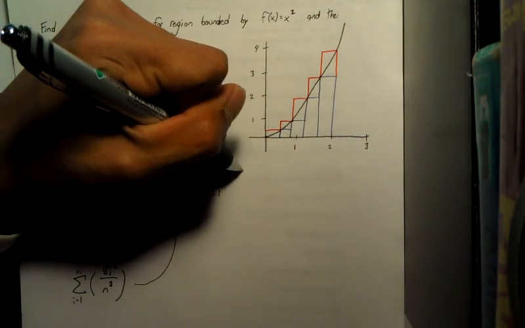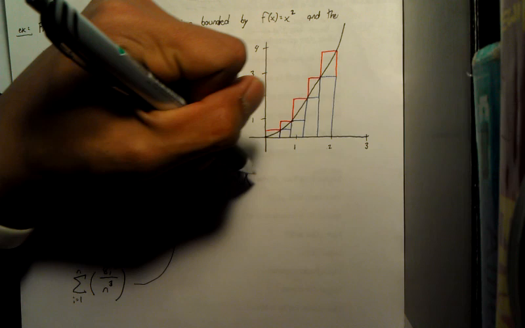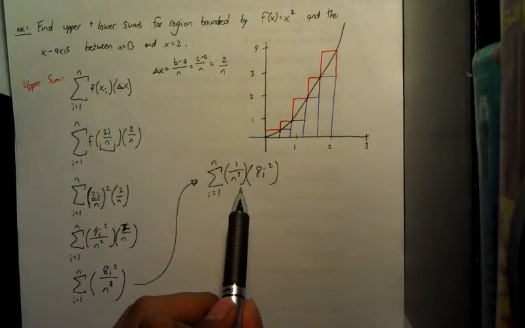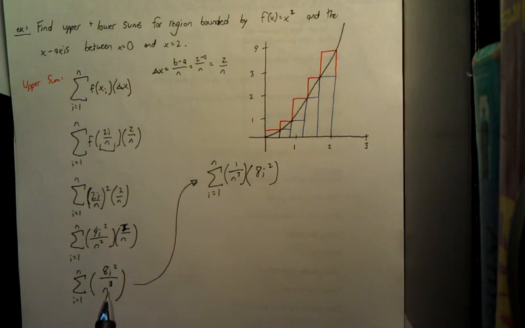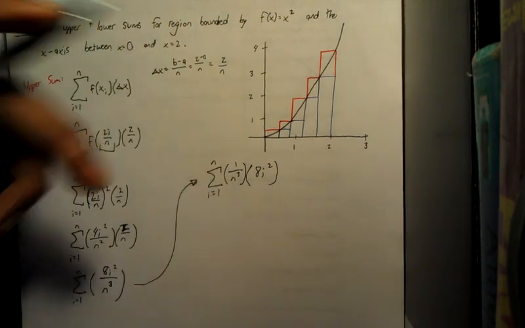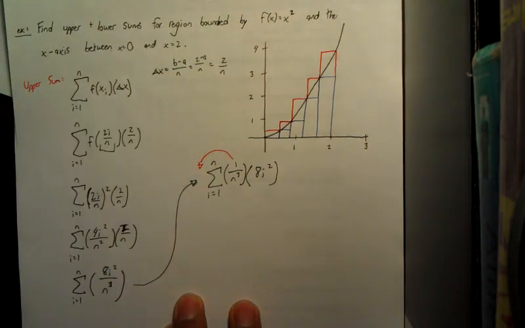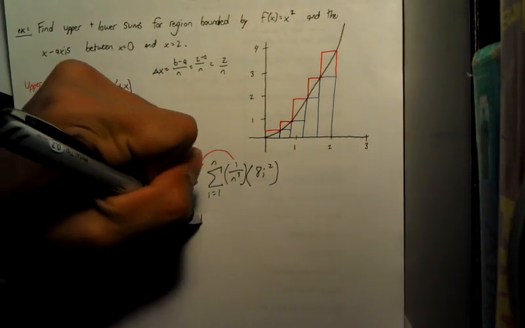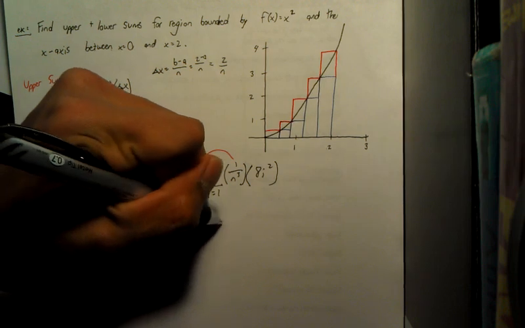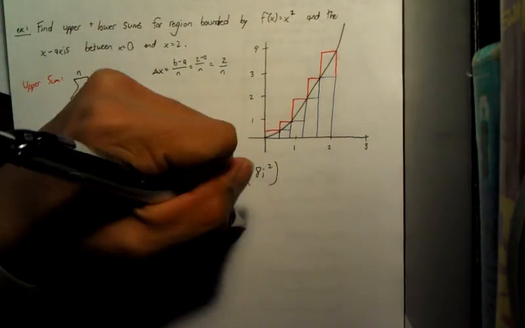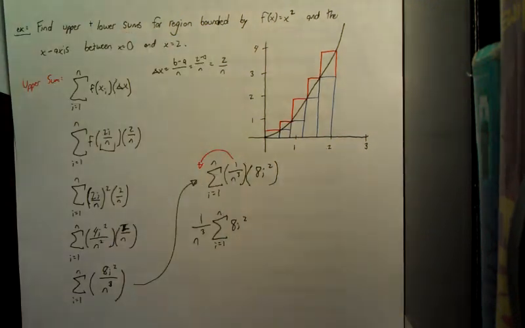I can factor out a 1 over n to the third and times it by 8i squared. If you multiply those across, then you get the same thing as down here. Move this over to the front, so you get 1 over n to the third summation 8i squared.